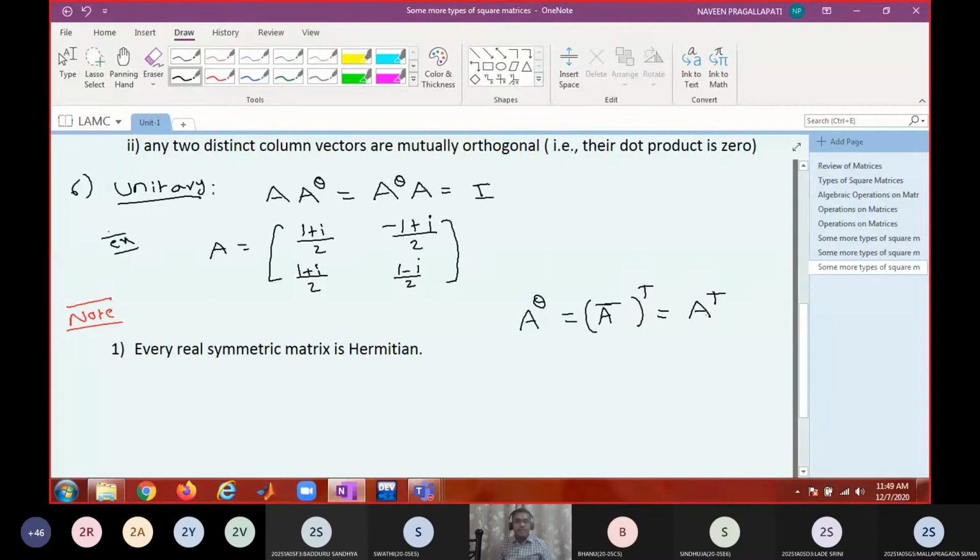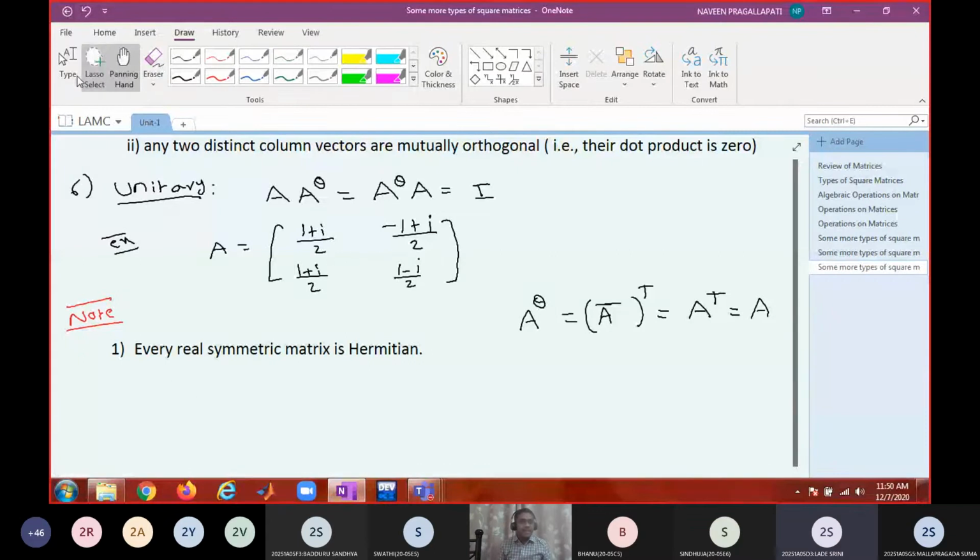But what kind of matrix am I assuming? Symmetric matrix. For a symmetric matrix, what is A transpose? A. Now you are observing that A power theta equals A. If A power theta equals A, then what is that matrix called? Hermitian. If A power theta equals A, that matrix is called Hermitian. Do you agree?